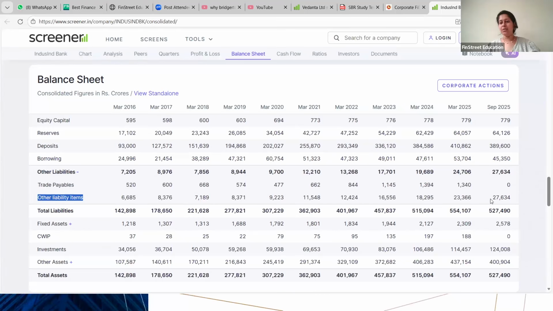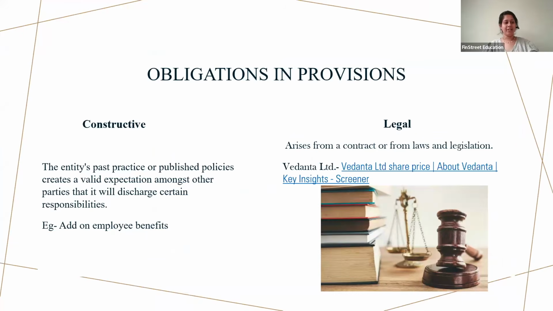We have 18 to 23 to 27,000, which is because of the discrepancies in the microfinance loans as well as the interest recording. So that is how we can see a prominent case of a provision being recorded in the banking sector because of regulatory issues or discrepancies.